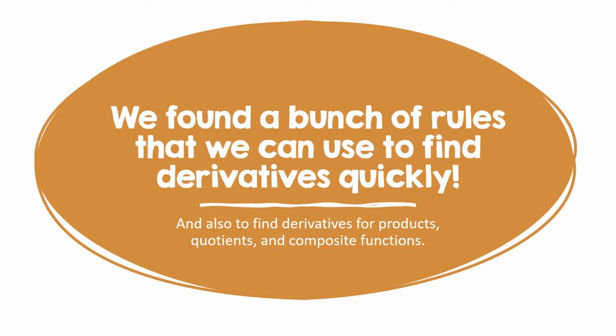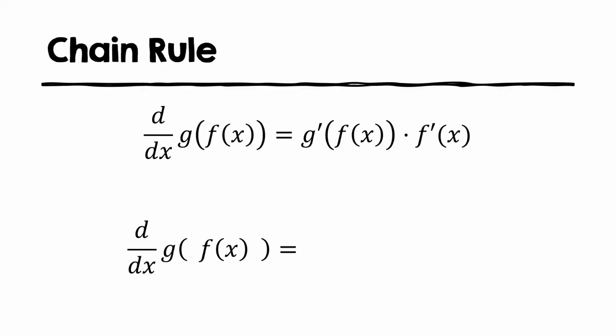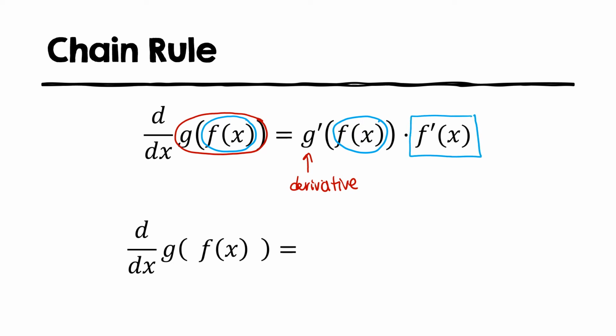And also, we found some ways to find derivatives for products, quotients, and composite functions, which can be really helpful. One rule that I'd like to point out in particular is the chain rule. So if you have the derivative of one function with another function inside of it, so it's a composite function, that'll be equal to the derivative of the outside function, with the inside function still there, unchanged, times the derivative of the inside function.